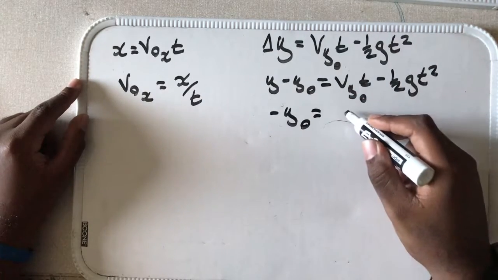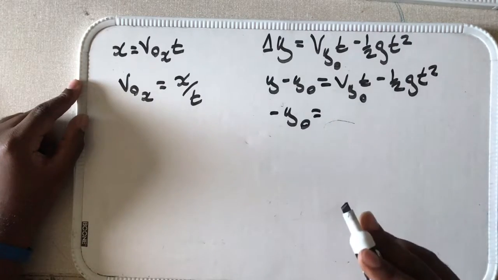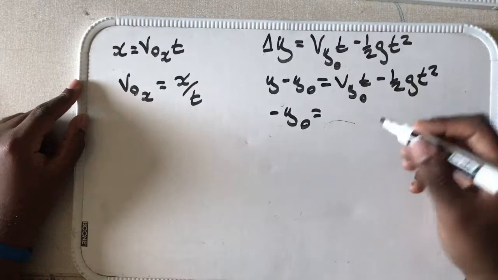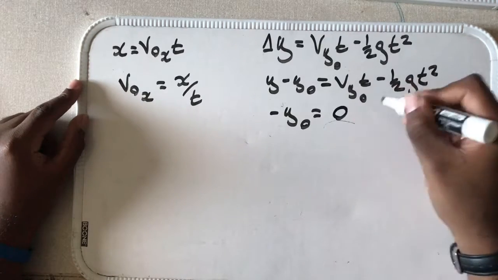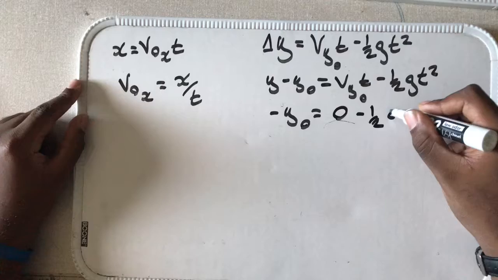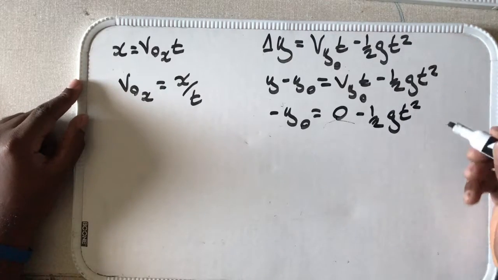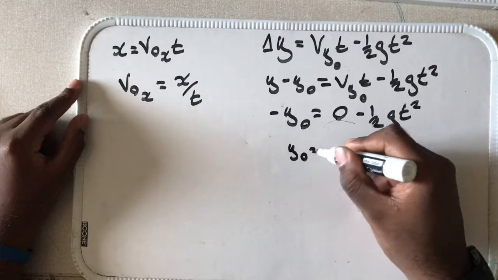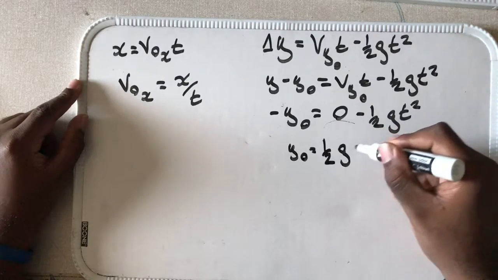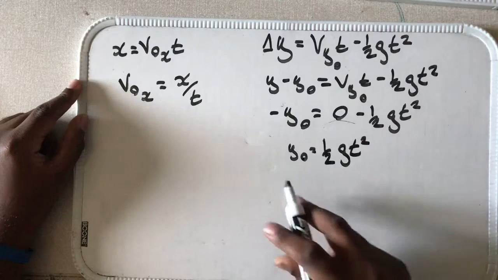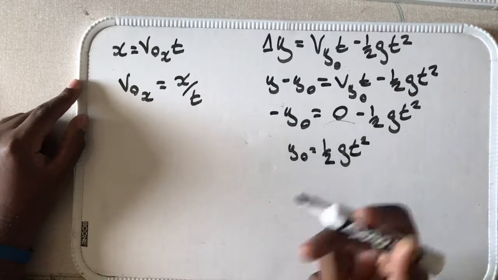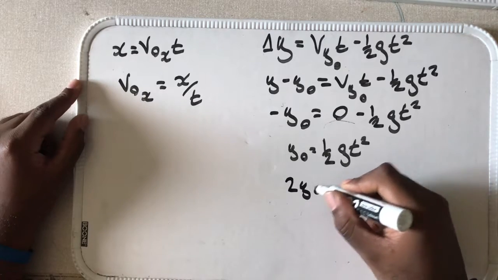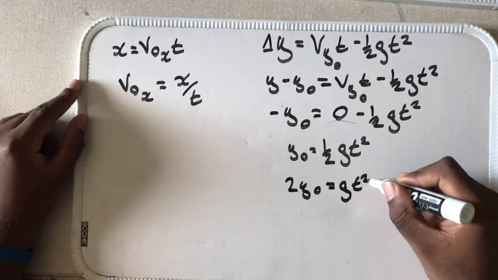And I also know that my initial velocity in the y is 0 because I push off horizontally. So I push off with no velocity in the y initially. So that's 0, and I'm left with minus 1/2 g t squared. And these negatives cancel out. And how high am I falling from? I'm falling from 28 meters. So solving this, 2 y naught is equal to g t squared.